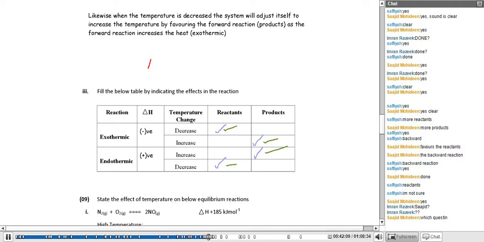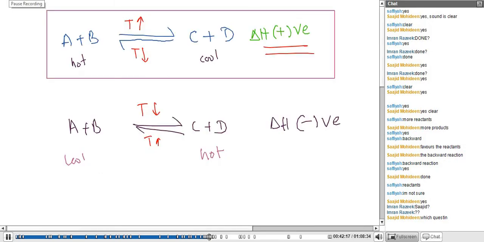Your answer is wrong. You understood why it's wrong? Exothermic reaction. Forward reaction is hotter because heat is released. So if you decrease temperature, system will adjust to increase temperature by favoring more reactants. More products, sorry. Is it clear?